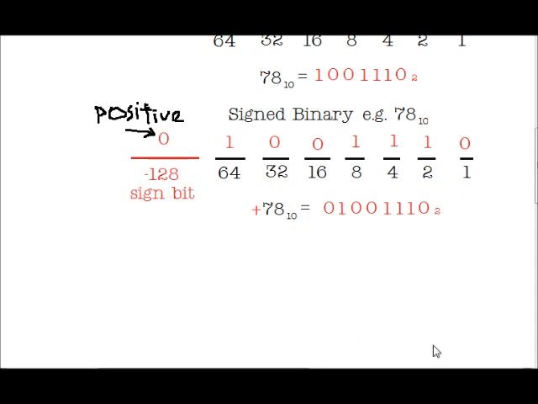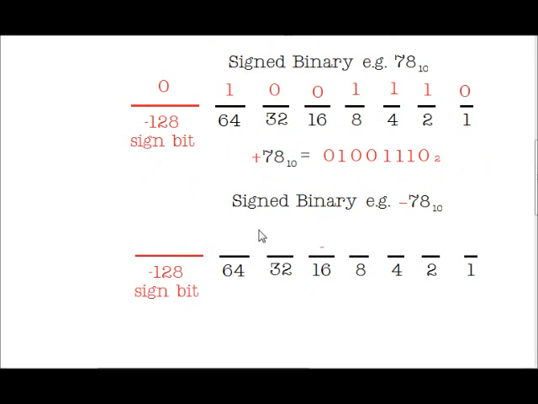We will next look at how we convert a negative decimal number into a signed binary. We will take a negative decimal number, in this case minus 78 base 10 or decimal.